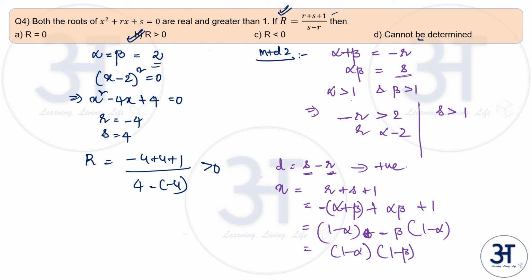So now you know that alpha is greater than 1 and beta is also greater than 1. So this will be negative into negative, which will be positive. Right? So we know that numerator is positive and denominator is positive. Hence R will again be greater than 0. Let us now move to question 5.